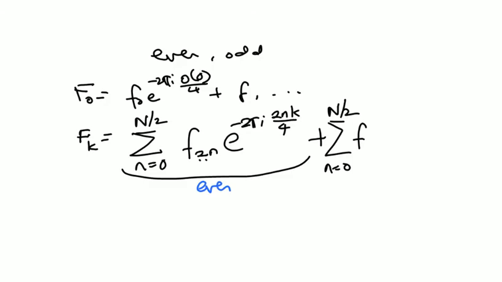It should be 2n plus 1, is my guess, correct? When n equals 0, we have 2n plus 1 equals 1. When n equals 1, we have 2n plus 1 equals 3. That seems to be right. Now we have the exponent e to the minus 2 pi i, and then we have here (2n plus 1)k over 4, right?